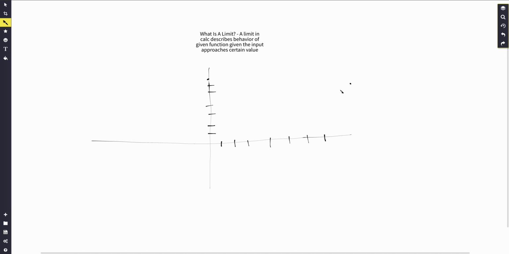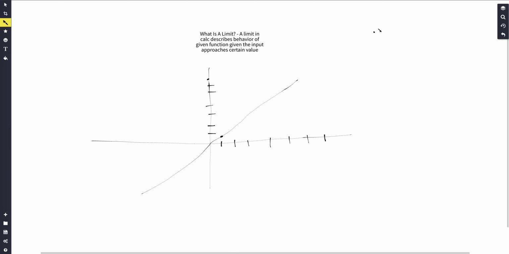Let's redo that. Okay, that's better. And then let's say we have this value right here. What a limit allows us to do is find the f of x value where we're approaching that point.